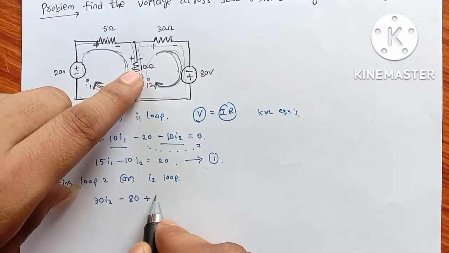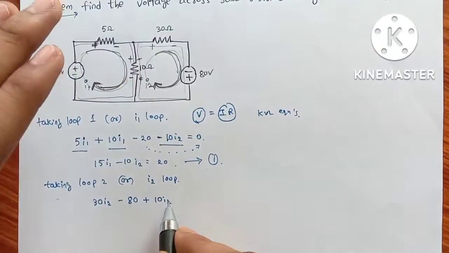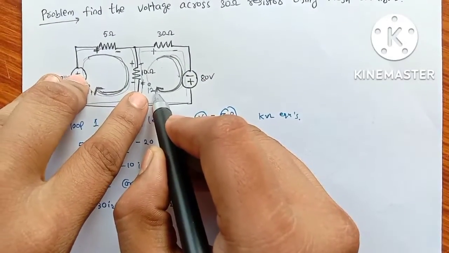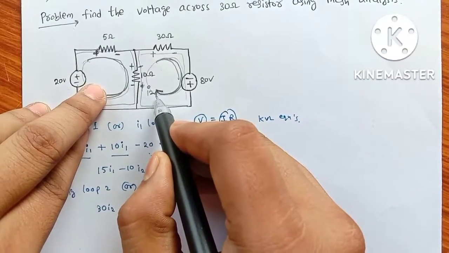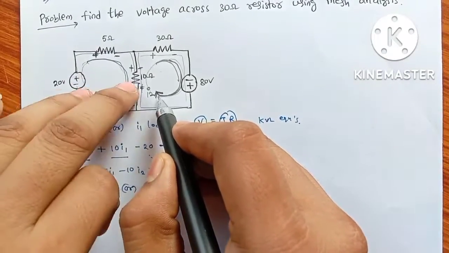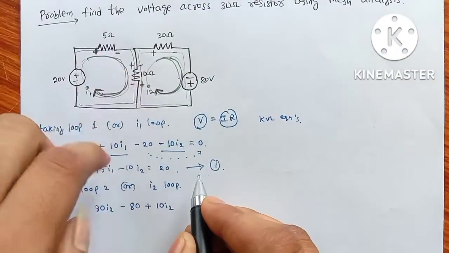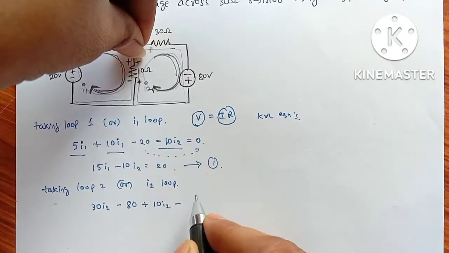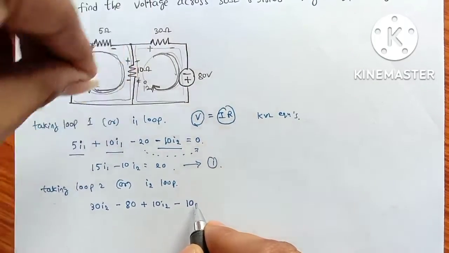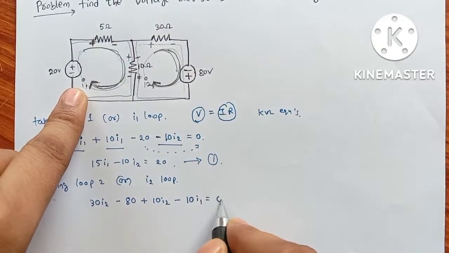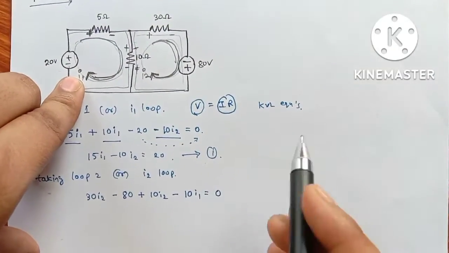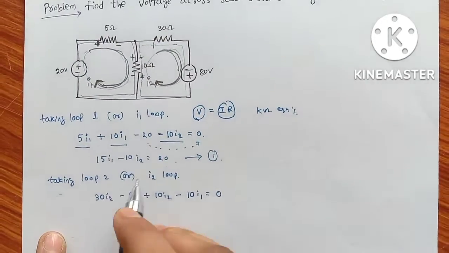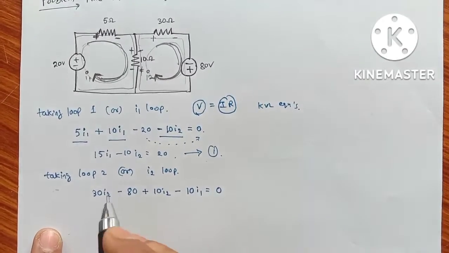So positive 10 I2. One more factor affecting the I2 loop is that I1 affects the I2 loop through the 10 ohms resistor. Here I1 enters at the negative terminal of 10 ohms, and the sum is equal to 0. Why 0? From KVL, the sum of voltages in a closed loop is equal to 0.